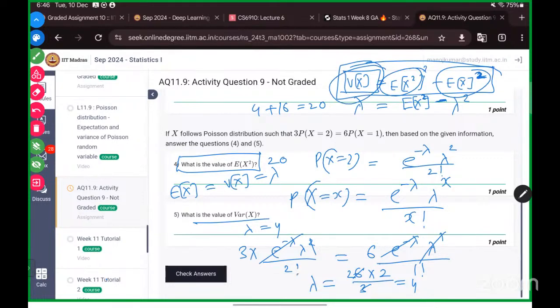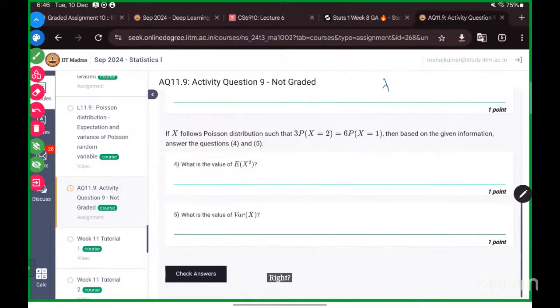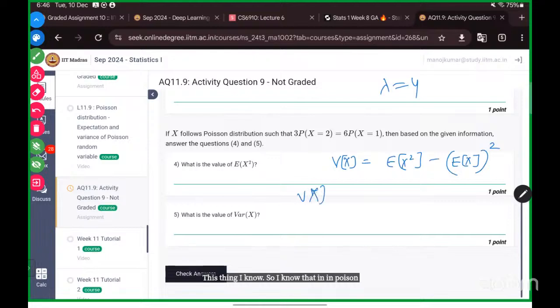So lambda is 4. What I know is V of x is E of x square minus E of x whole square, right? This thing I know. So I know that in Poisson, V of x is equal to E of x, which is lambda.